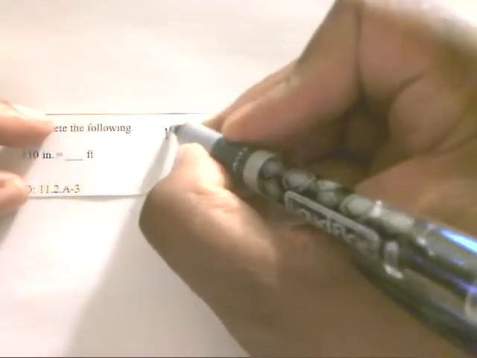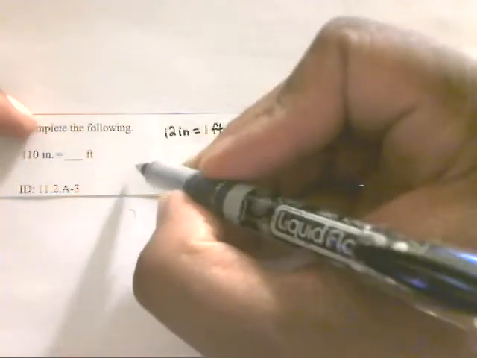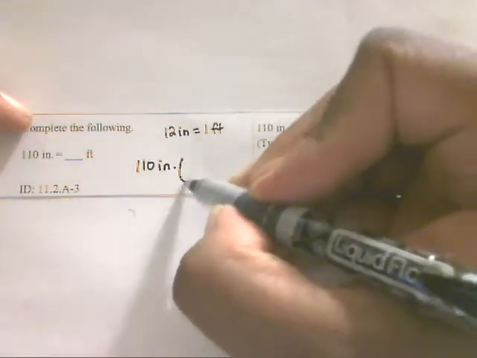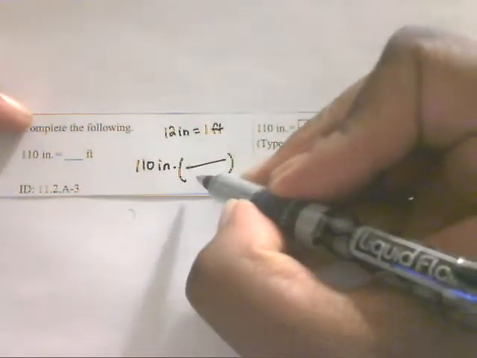You want to complete the following. 110 inches is equal to how many feet? Okay, we have to know that 12 inches is equal to 1 foot. So we have 110 inches, and we're converting that to feet.